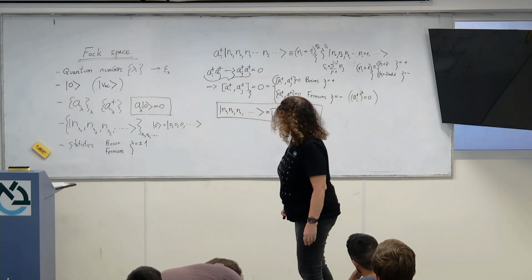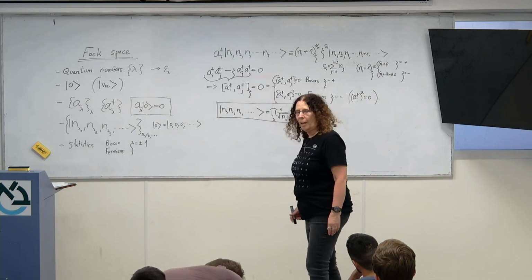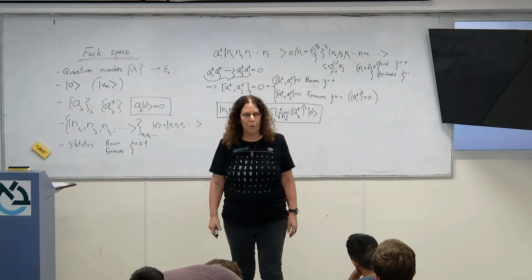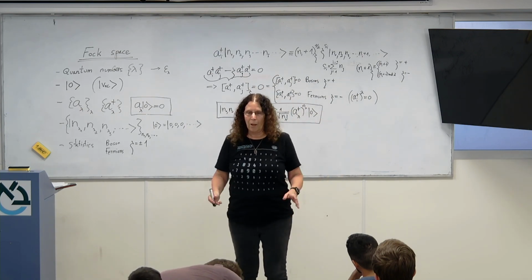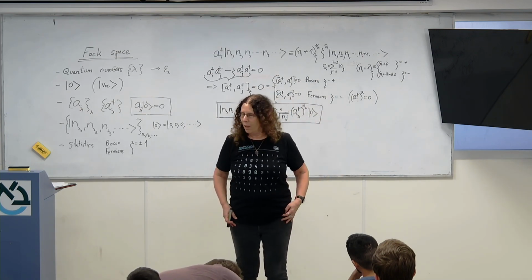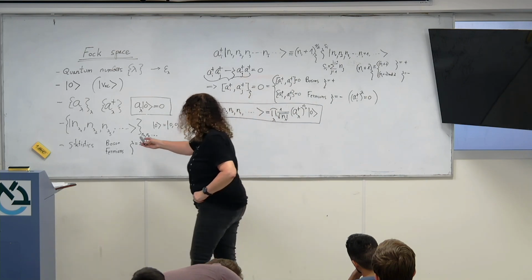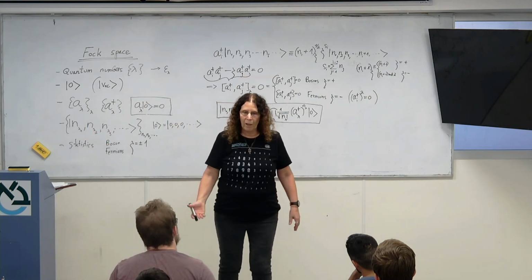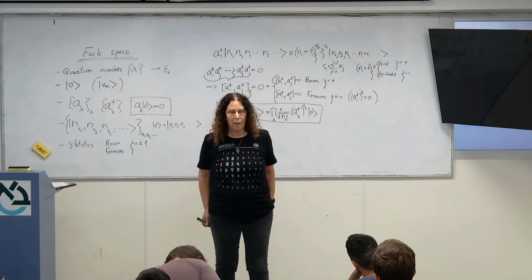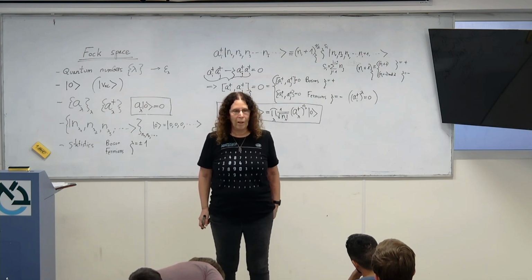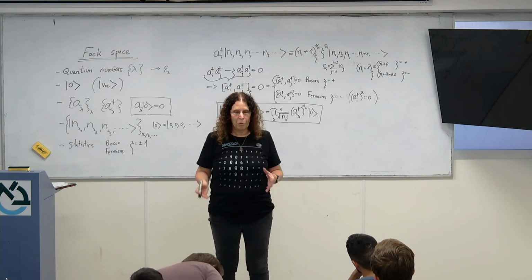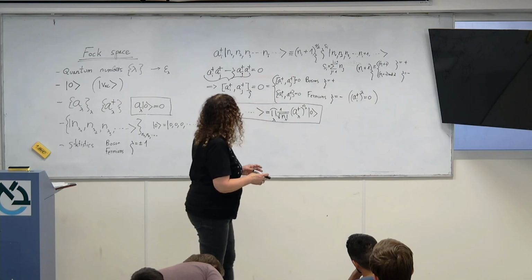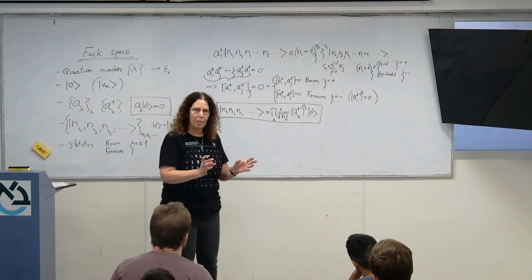You can also see that it cannot have an expectation value. If you take any Fock state and try to compute the expectation value of A dagger, you always get 0. Why? Because you sandwich something that has not the same number of particles.